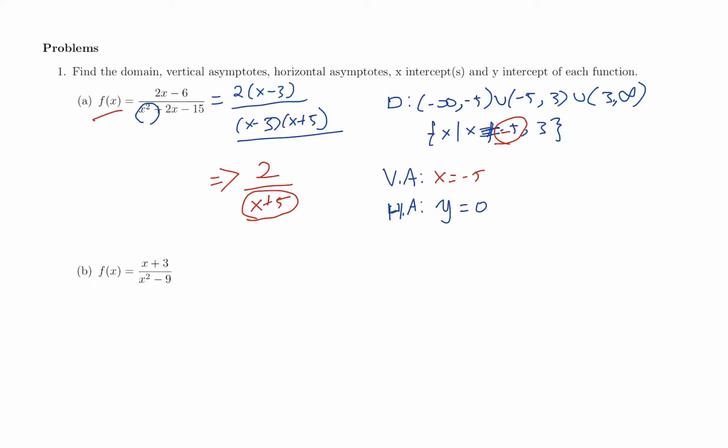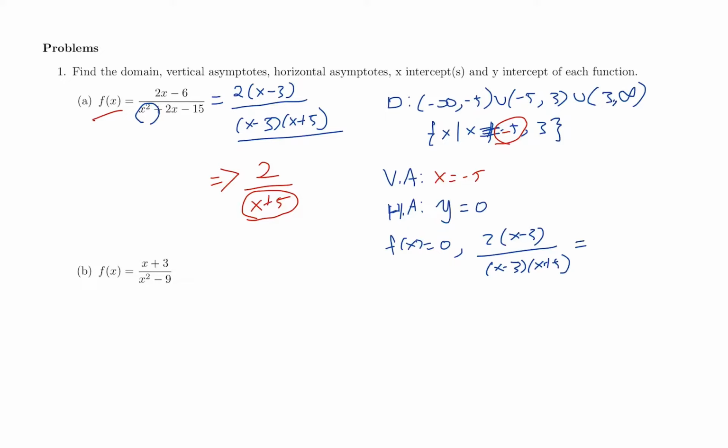Now we're going to find x and y-intercept. In order to find x-intercept, we have to set the function equal to 0 and solve. So it is easier to work with the factored form to find x and y-intercepts: 2 times x minus 3 over x minus 3 times x plus 5.